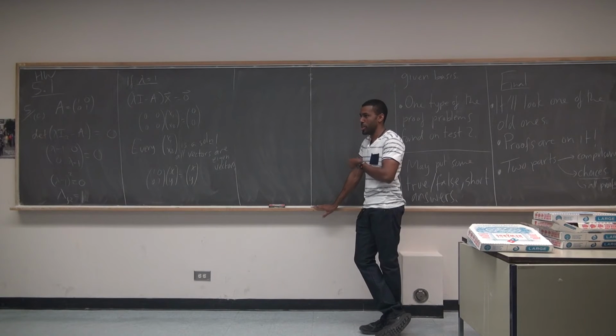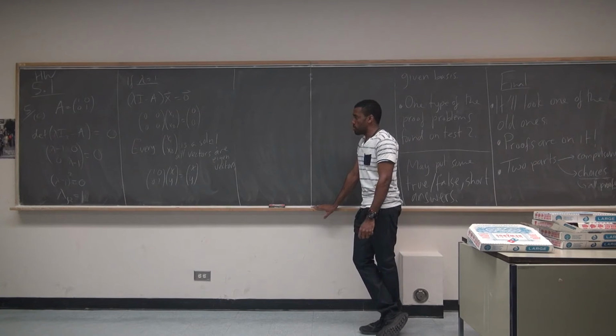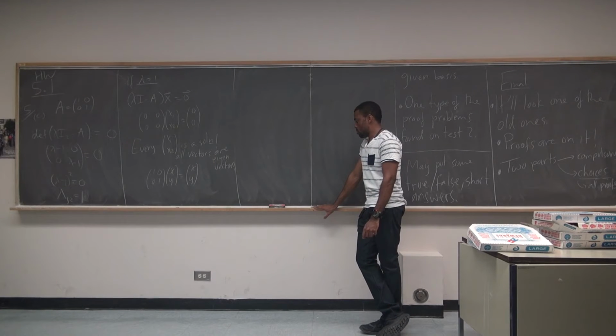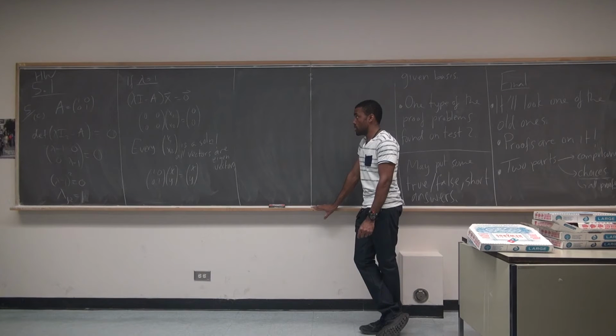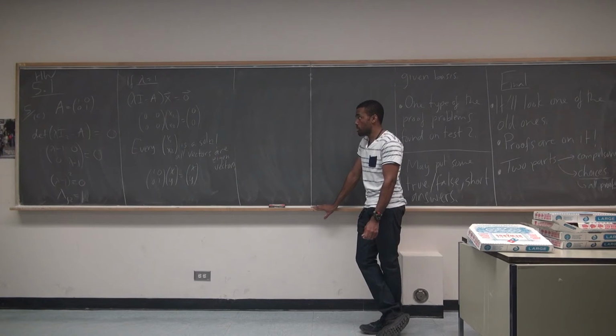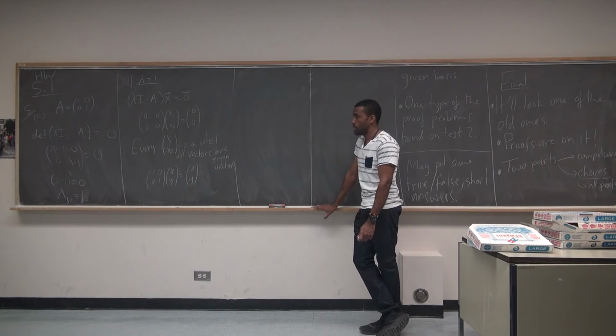You have to go to the spectral theorem and talk about orthonormal bases and all sorts of craziness. But proofs would be similar to the ones on test 2. I don't really have one off the top of my head.